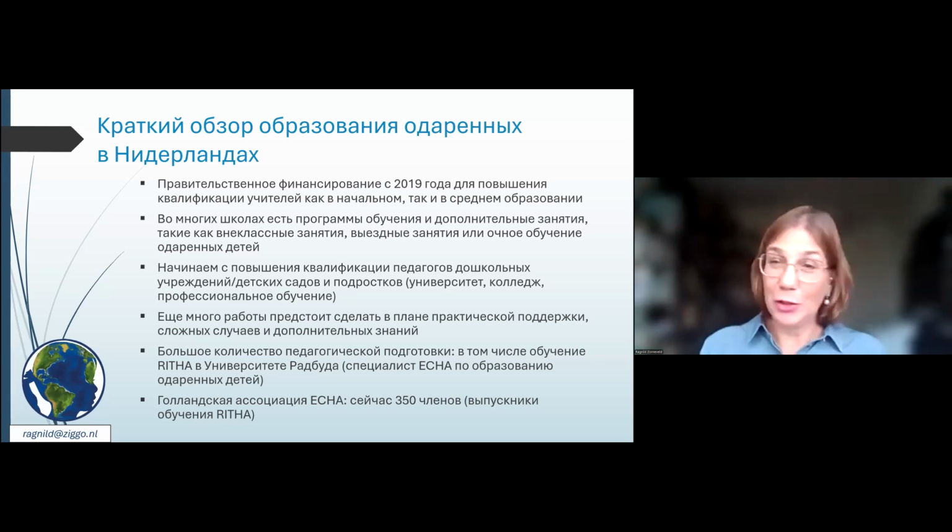And as I mentioned, we have this Dutch ECHA Association, which now has 350 members. That's quite a big association for this small country, in my opinion. And they work together. These are people from education, like teachers, but there are also psychologists, general practitioners, doctors, pedagogues, like a lot of people involved in the field of childhood development.